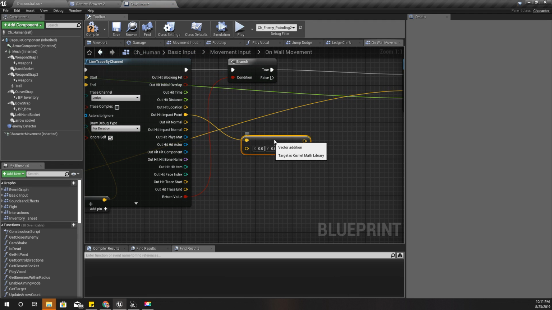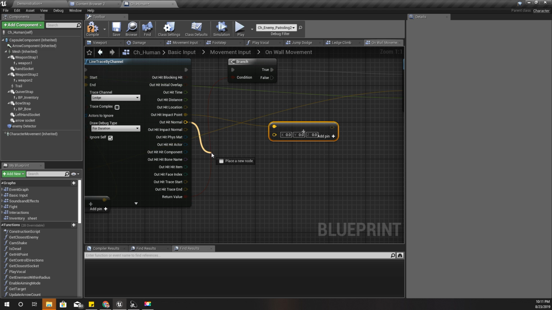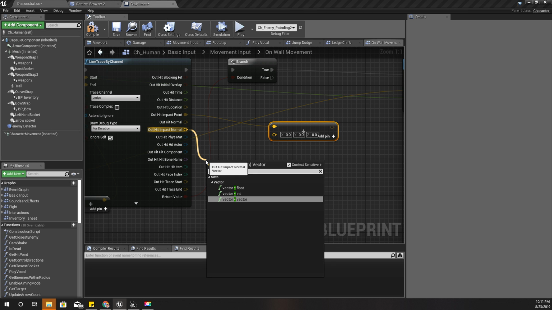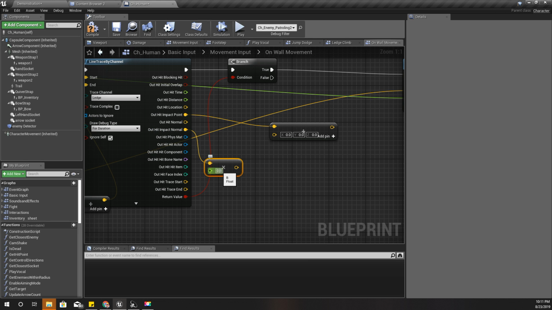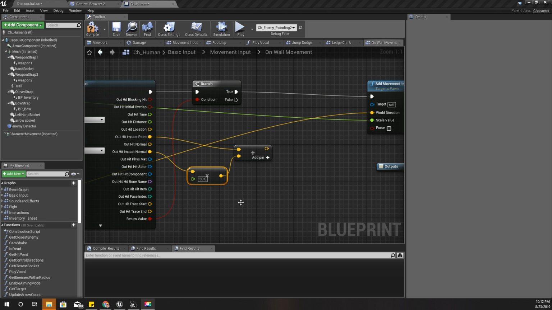So what I have to do is get the hit impact point and get hit impact normal multiplied by 60, add it to this, and this is the target location.